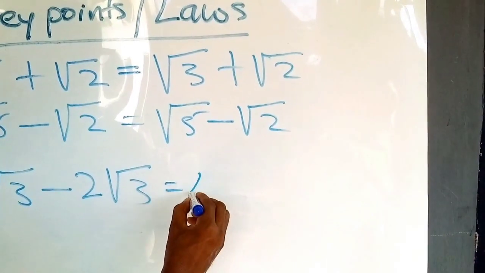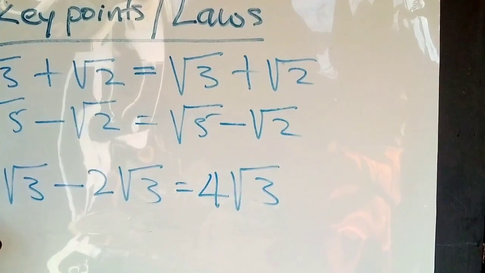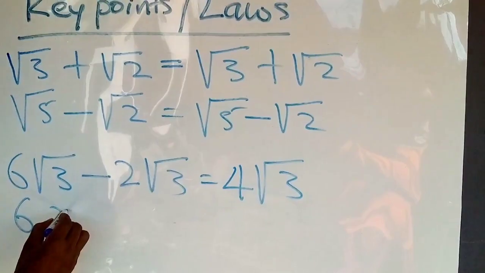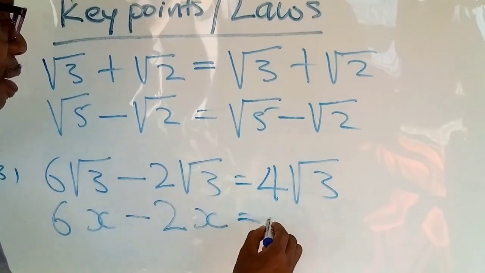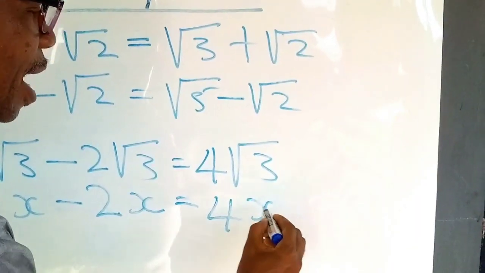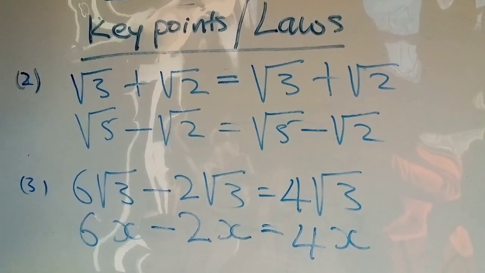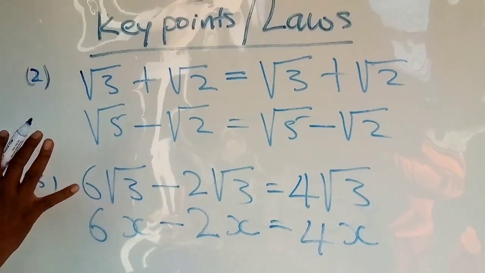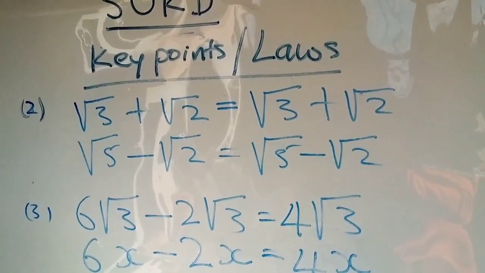So my answer will be 4√3. This is similar to saying 6x minus 2x, it will give you 4x. This is the basic you need to know before you can go further in solving any calculation in surds.